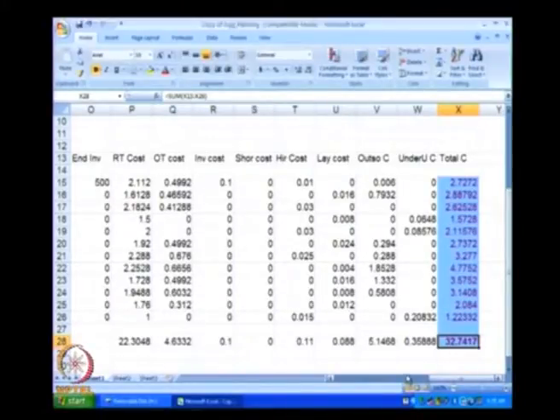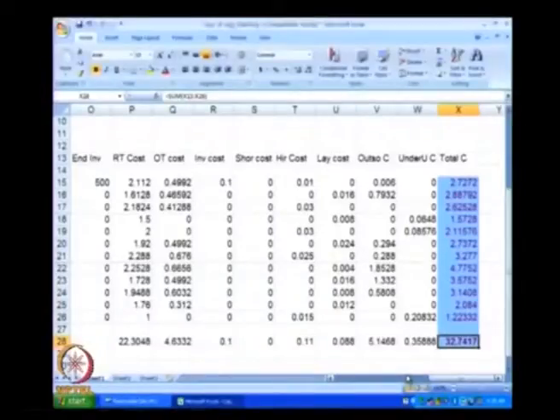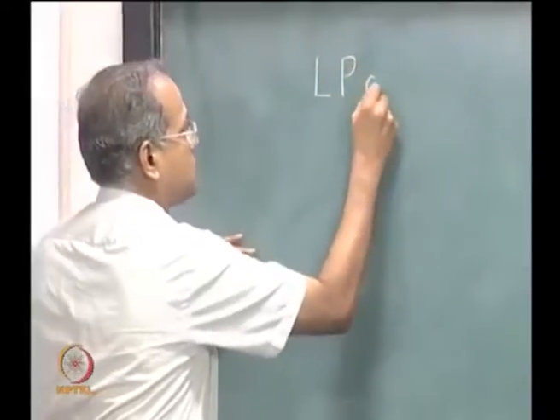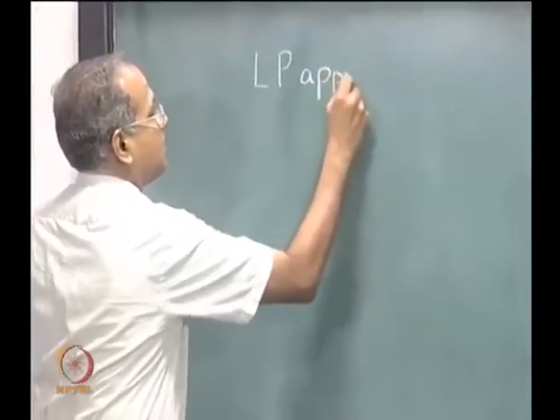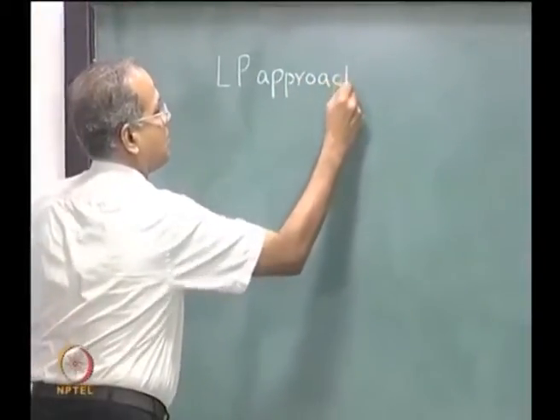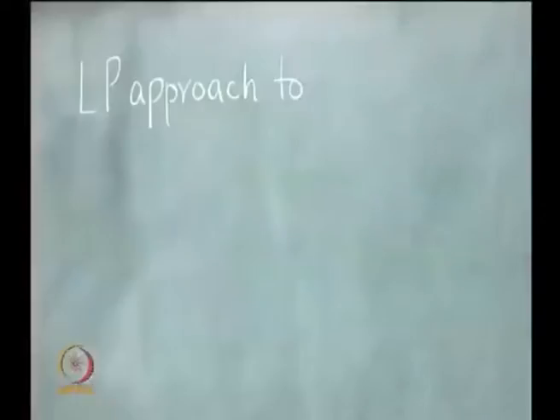We now try and address the optimization problem by using an approach based on linear programming. So, let me explain that next. So, we try and look at what is called an LP approach to aggregate planning.